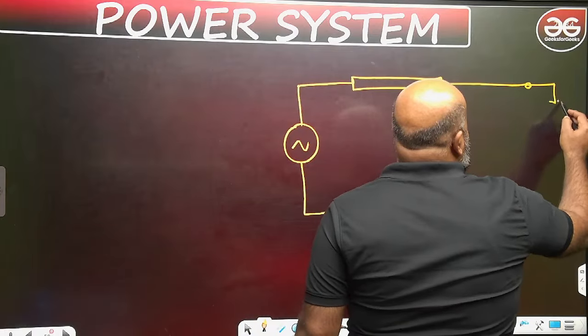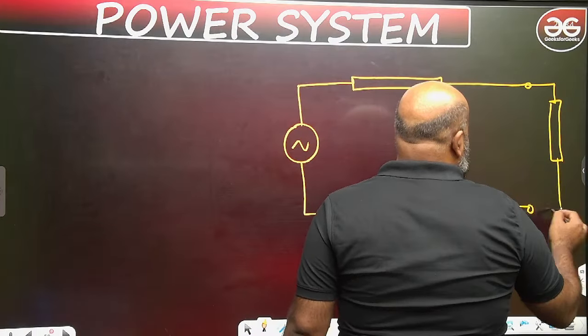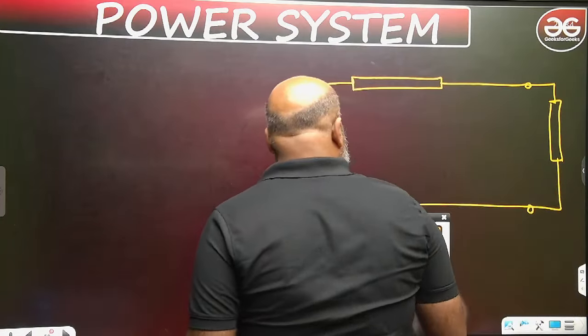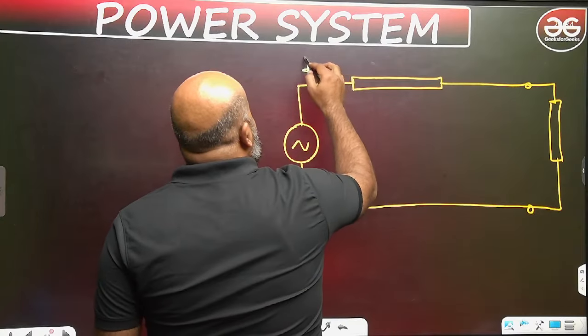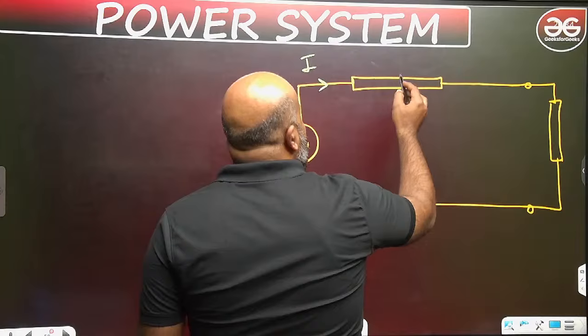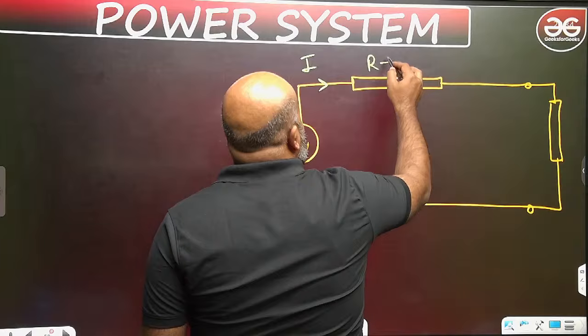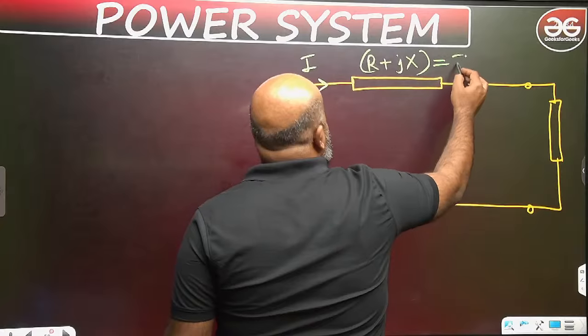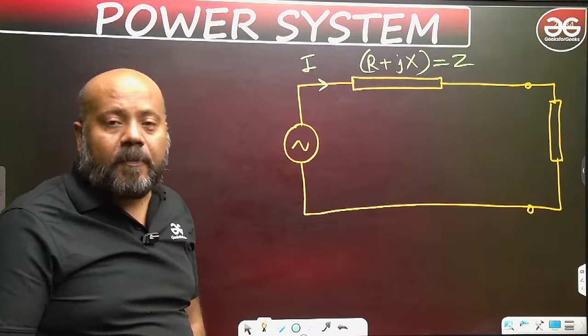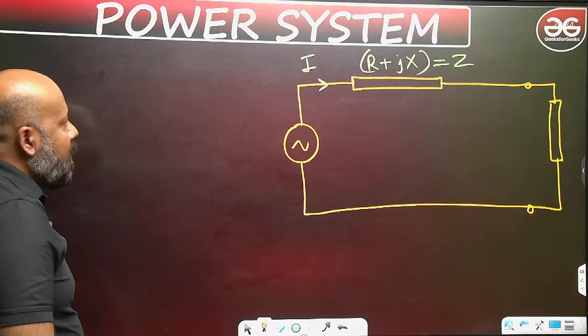Or suppose it is a light load condition, so let us connect the load so that you can understand. Now this current is I, and this is R plus jX. This is nothing but the impedance of the line. Yes or no? Impedance of the line.